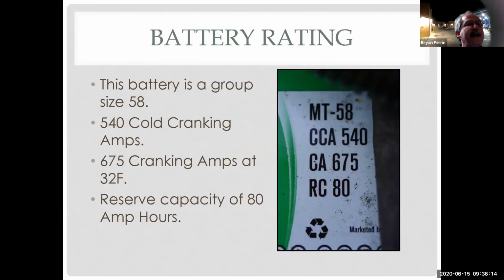So here is a battery right here, a battery rating. This happens to be a group size 58. It has 540 cold cranking amps, 675 cranking amps. So back in the 80s, before then, auto parts stores sold to auto shops. And if you went into an auto parts store, you were probably paying full list and you didn't get a discount.